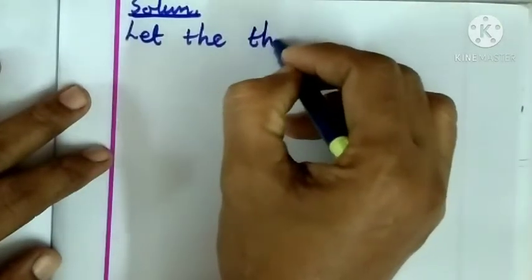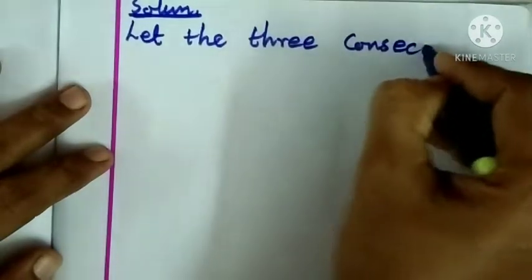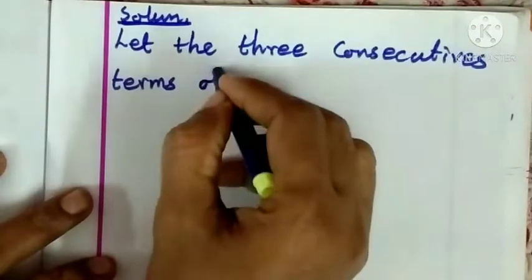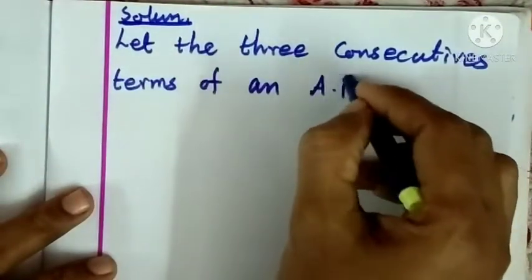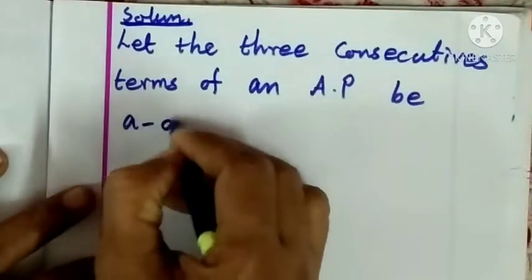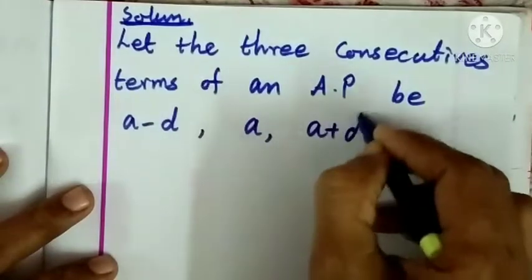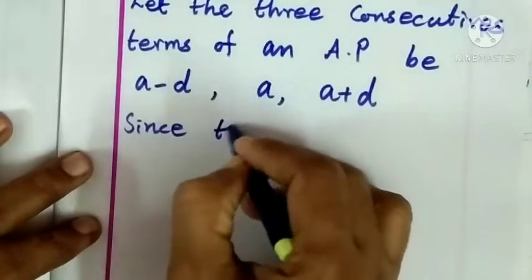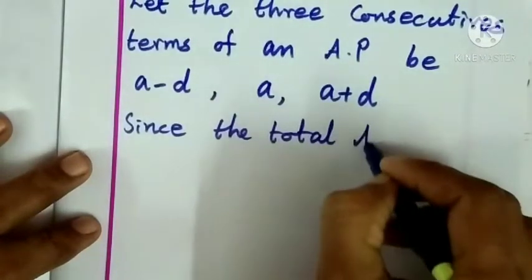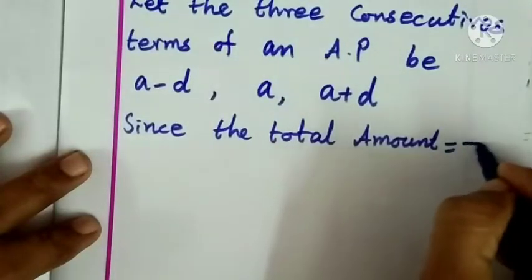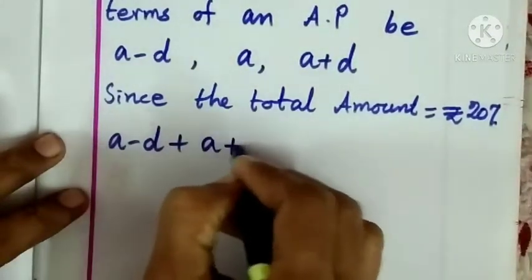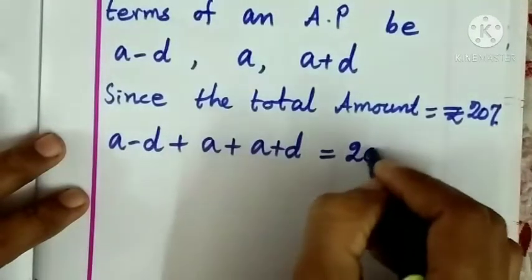Let us do the solution. Let the 3 consecutive terms of an AP be A minus D, A, A plus D. Since the total amount is equal to rupees 207, that is A minus D plus A plus D is equal to 207.